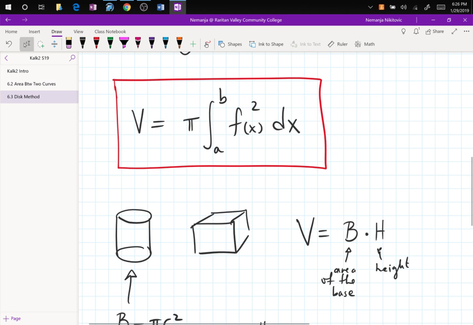To create this object, all I need to do is draw a 1.5 inch straight line. When I rotate that line around the axis, I will get a 3-inch wide cylinder. What's the height, a and b? Well, that's going to be the height from a at 0 to b at the top, if you don't want to deal with the top.